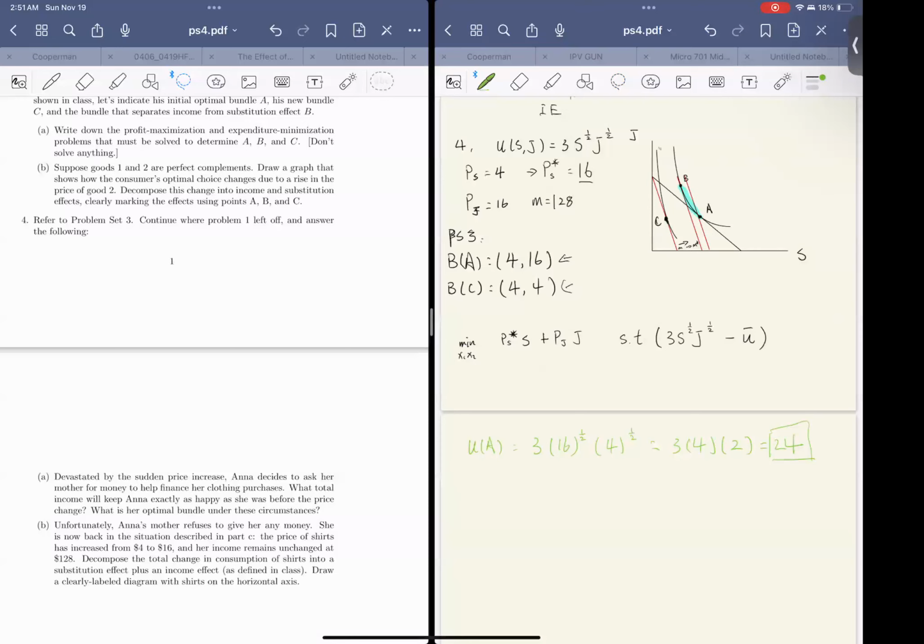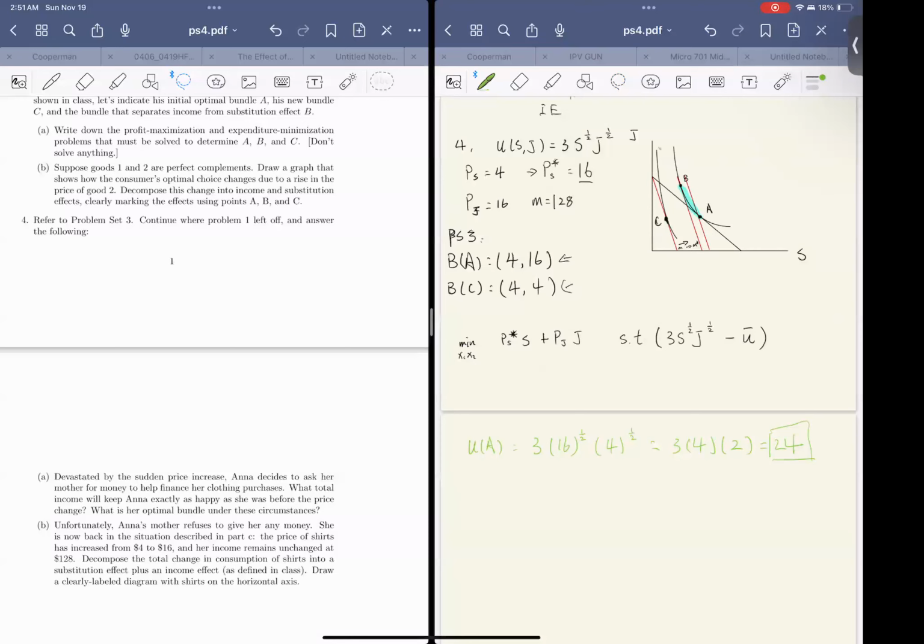There's an infinite combination of jeans and shirts that I can afford, like a span of space.